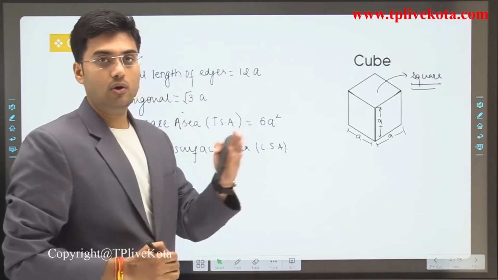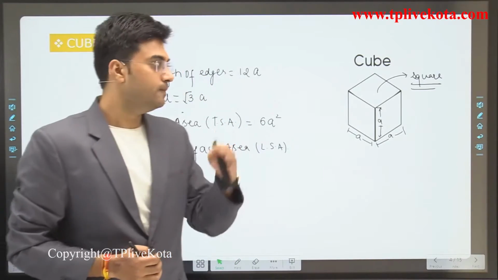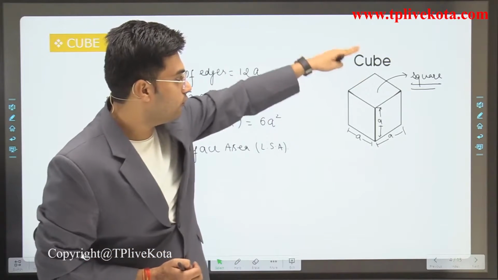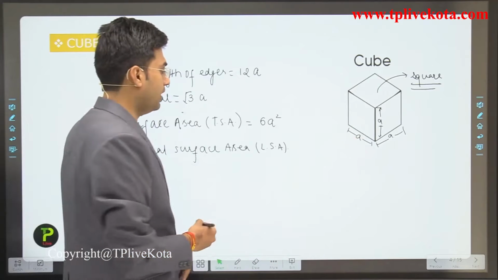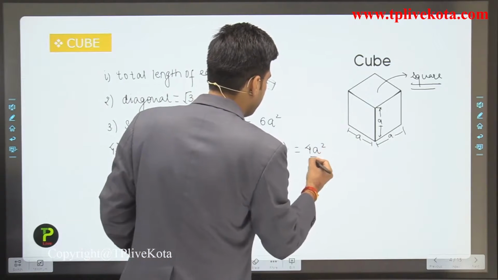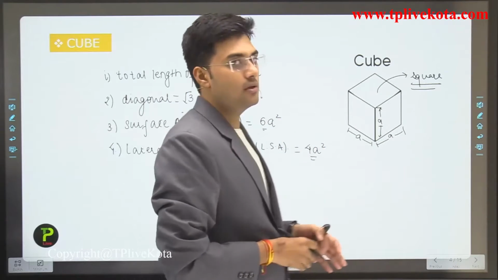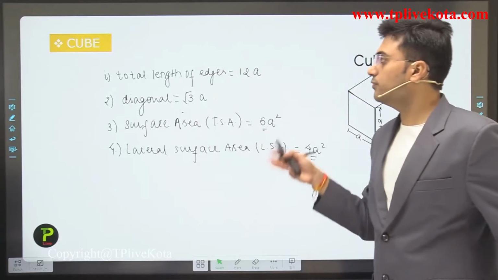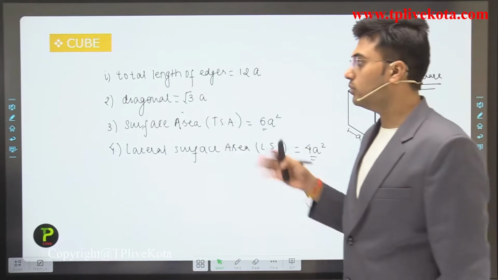It is the area of 4 walls. So we have to subtract the area of top and bottom. So what will we get here? It is 4A square. So these are a few formulas for cube, and you have to also remember these formulas.